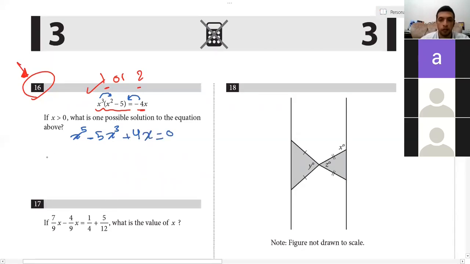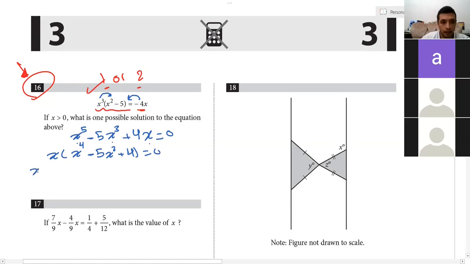I want to factorize it completely. I'm going to take x as a common factor because I have x in all three terms. So x power 5 becomes x power 4, x power 3 becomes x power 2, and 4x becomes 4, equals 0.